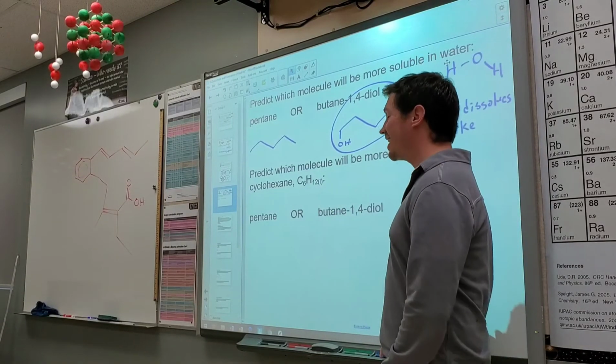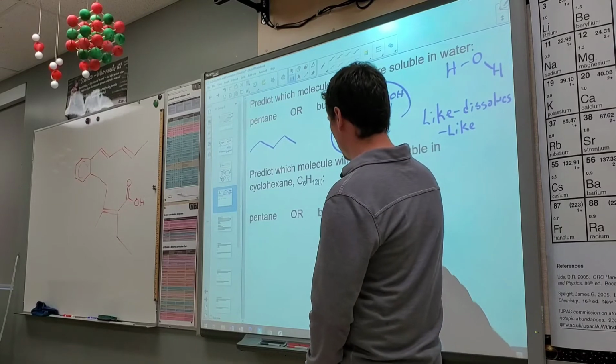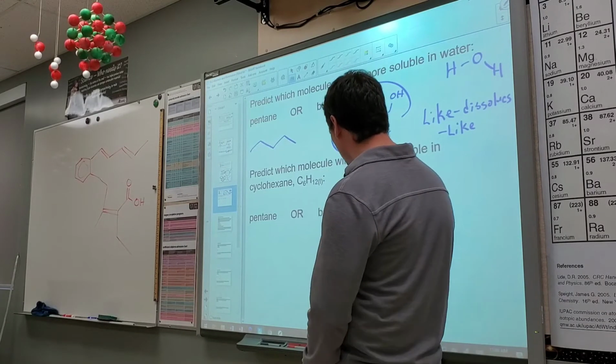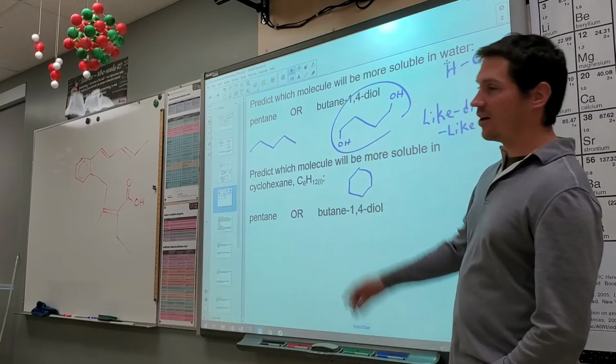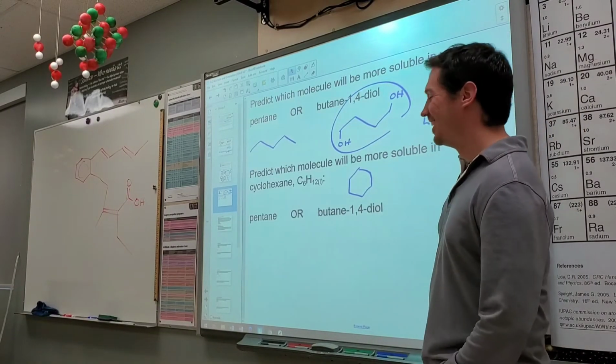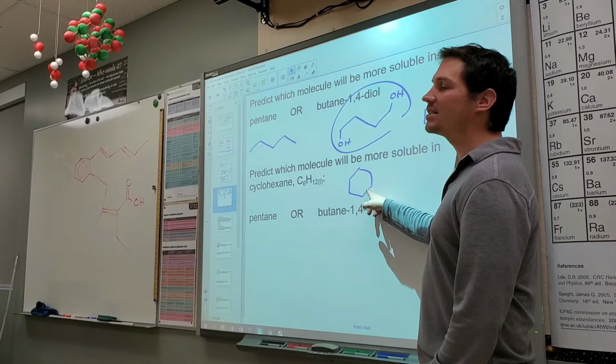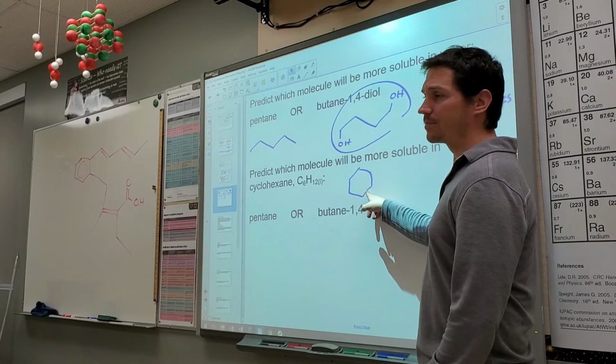Let's take a look at cyclohexane. What's the structure of cyclohexane? It's not a stop sign, a stop sign is an octagon, not a hexagon. Okay, let's look at this. Can this hydrogen bond? No, it can't.